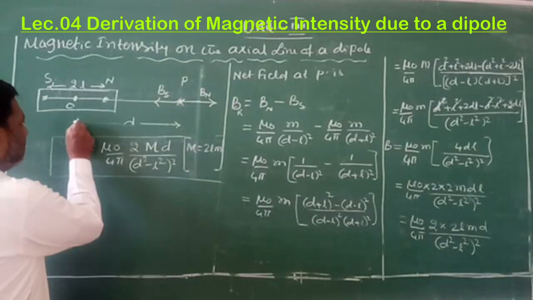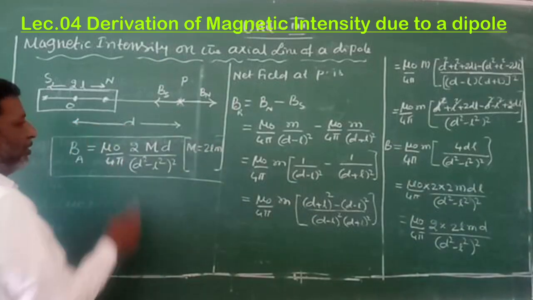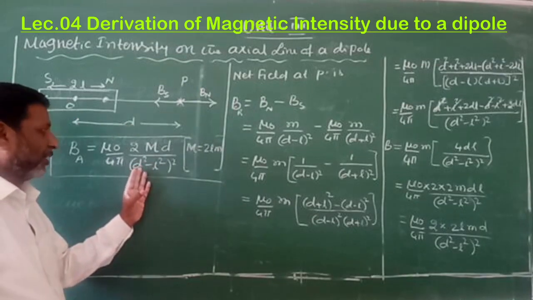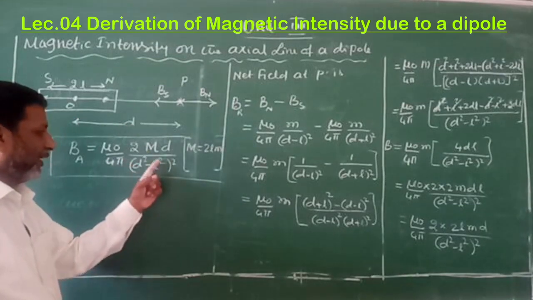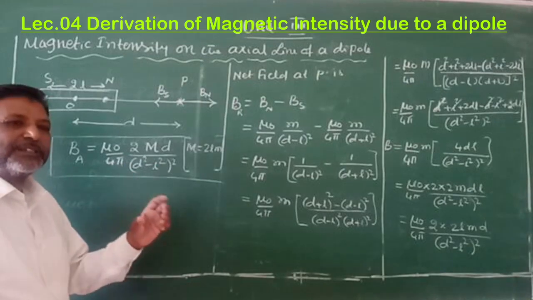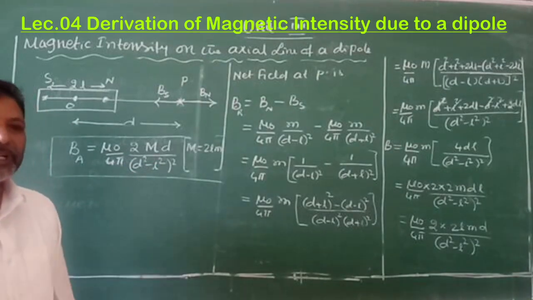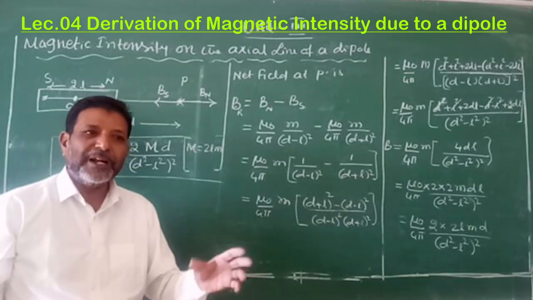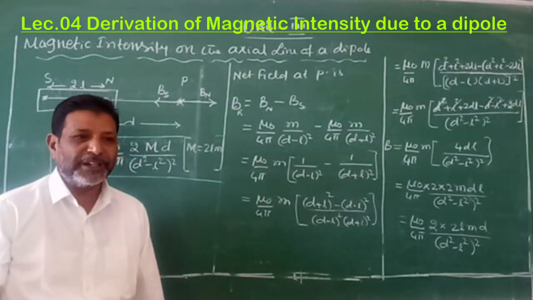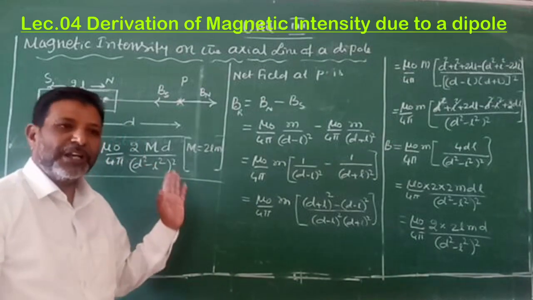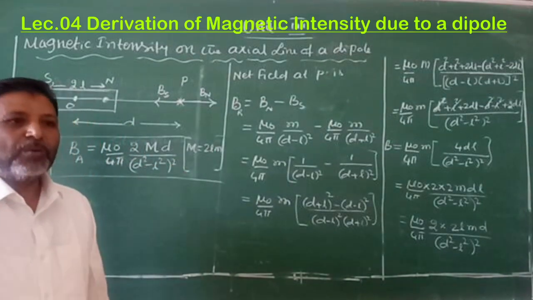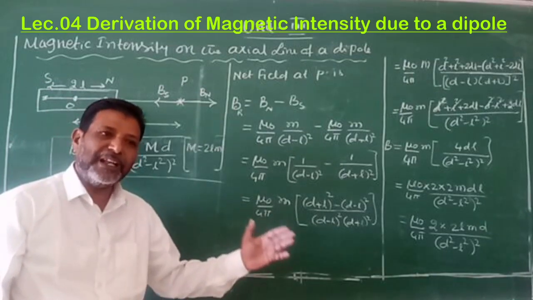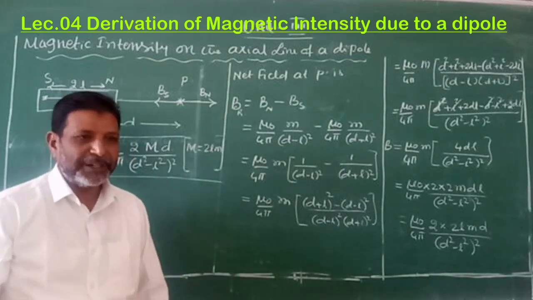And l is the semi-magnetic length; the total magnetic length is represented by 2L. If you know all these things, then very easily you can calculate the magnetic intensity at any point on the axial line of a magnetic dipole.